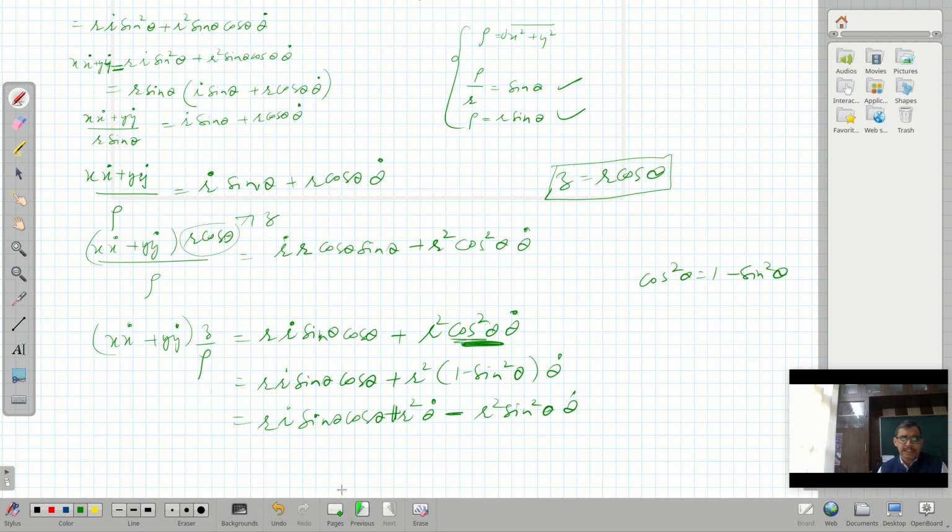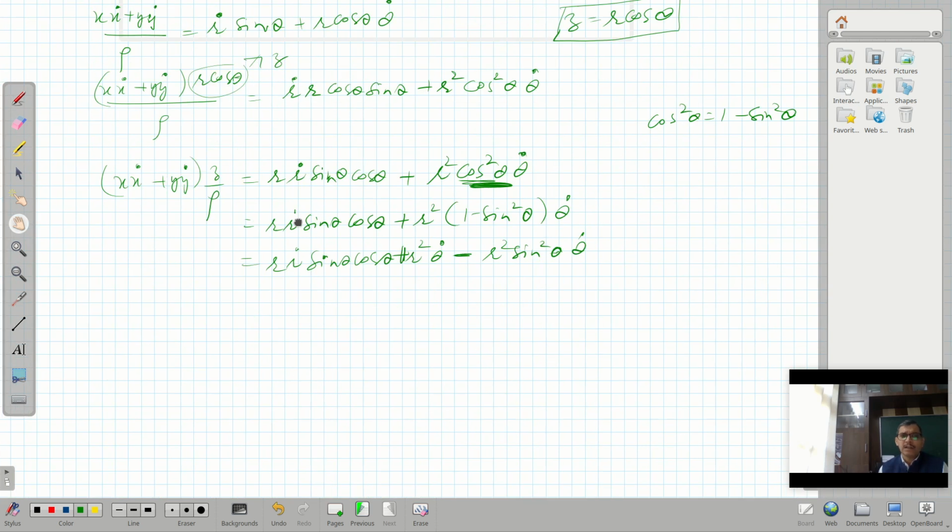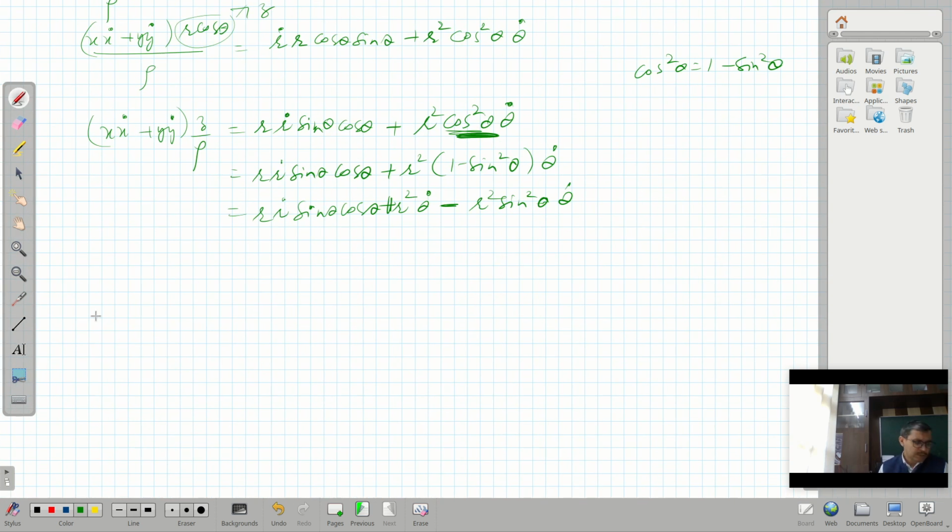So we can take x dot plus y dot into z upon rho, and also let me do one thing.